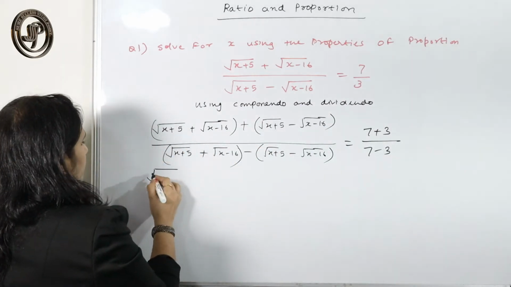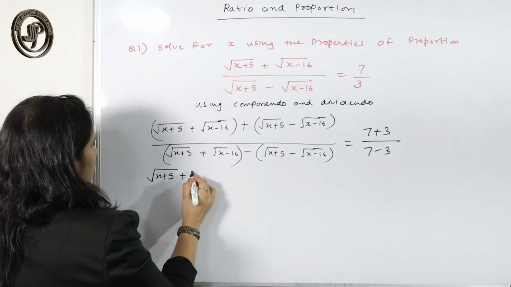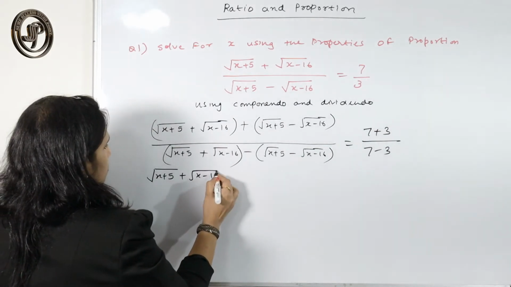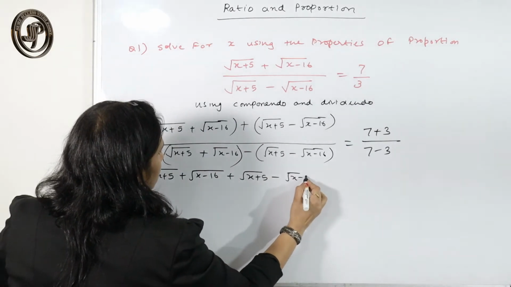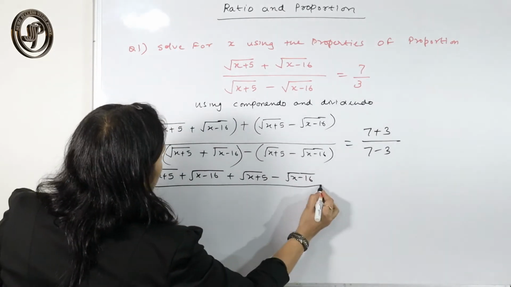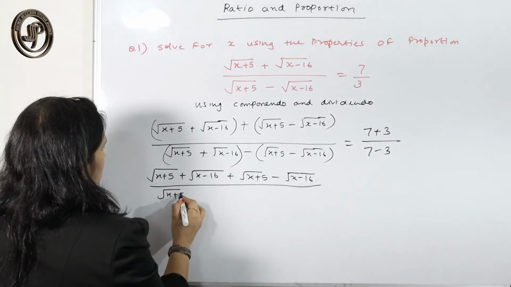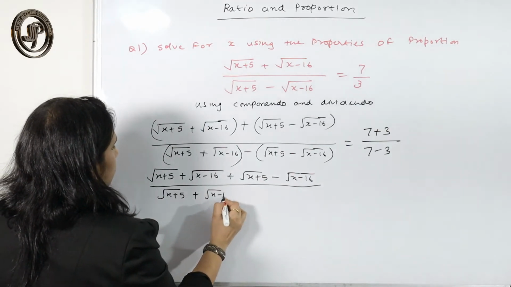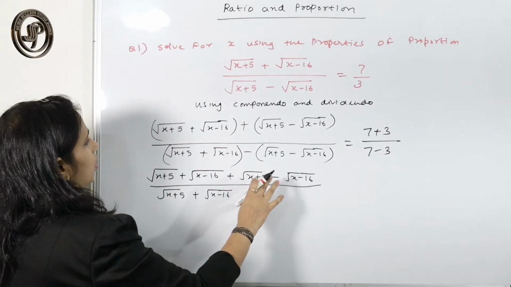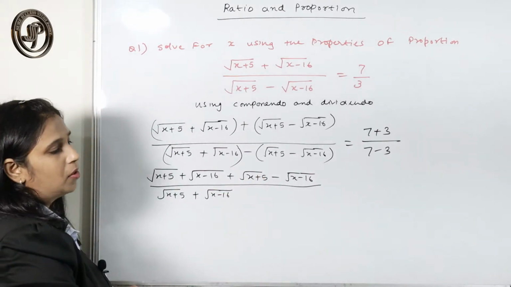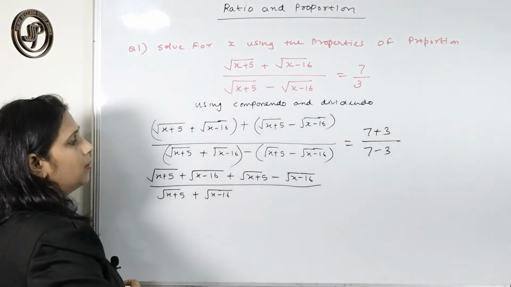So, when you open the bracket, what will you observe? In the numerator, you just open the bracket and all the signs will remain the same, because outside the bracket there is a positive sign.